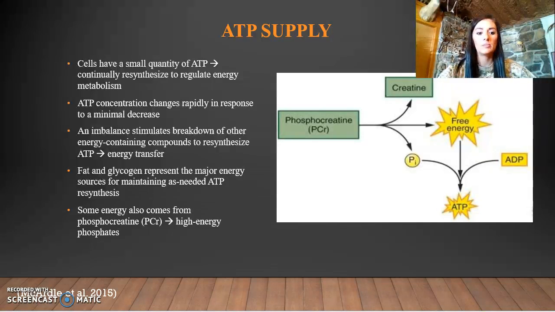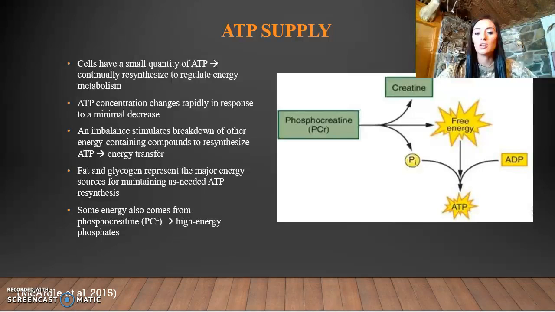ATP supply within the body. Cells have a small quantity of ATP, and it's continually resynthesized to regulate energy metabolism. ATP concentration changes rapidly, even with a minimal decrease. An imbalance stimulates the breakdown of other energy-containing compounds to resynthesize ATP, which is energy transfer.